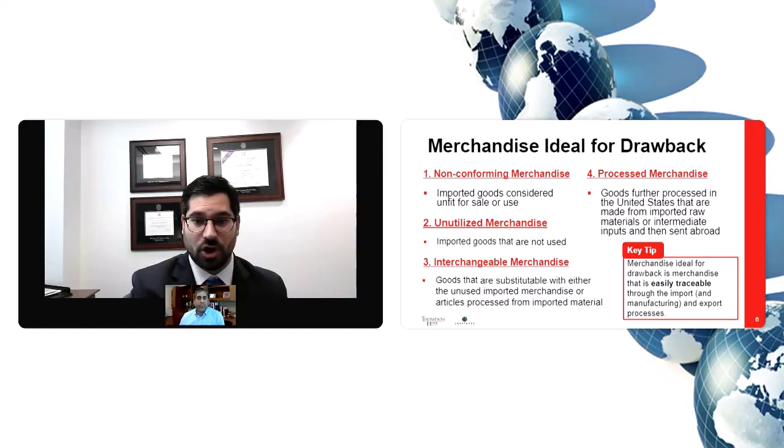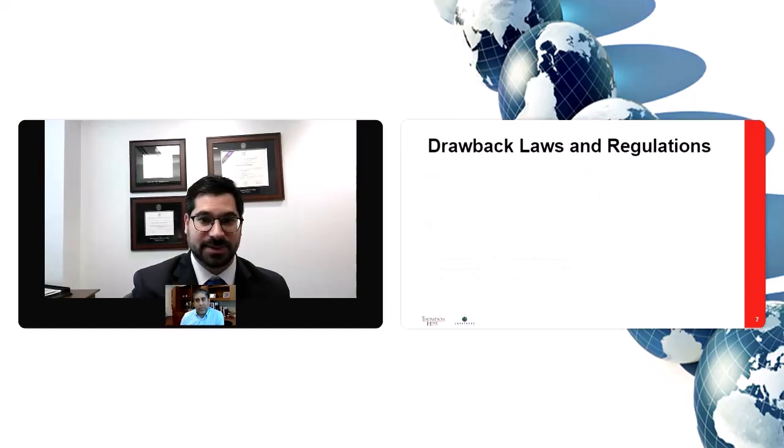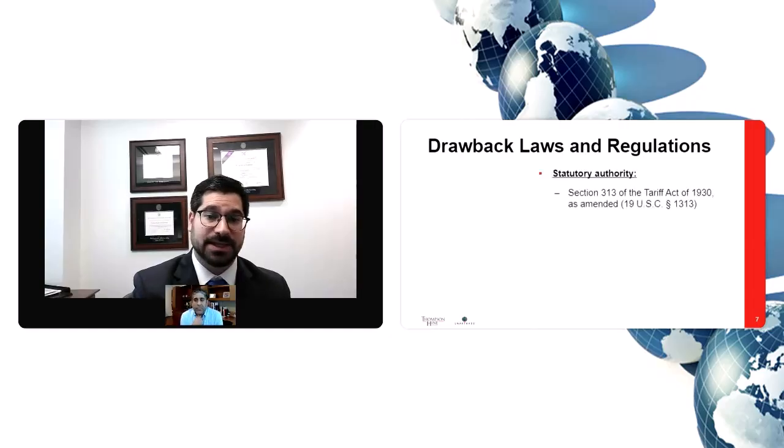So now that we know what drawback is, let's take a step back and look at the legal architecture surrounding it, specifically the laws and regulations. There's really one primary law when it comes to duty drawback, and that would be Section 313 of the Tariff Act of 1930 as amended. I know this sounds a little unusual, but I want to emphasize that this is coming from Section 1313 within Title 19 of the U.S. Code.